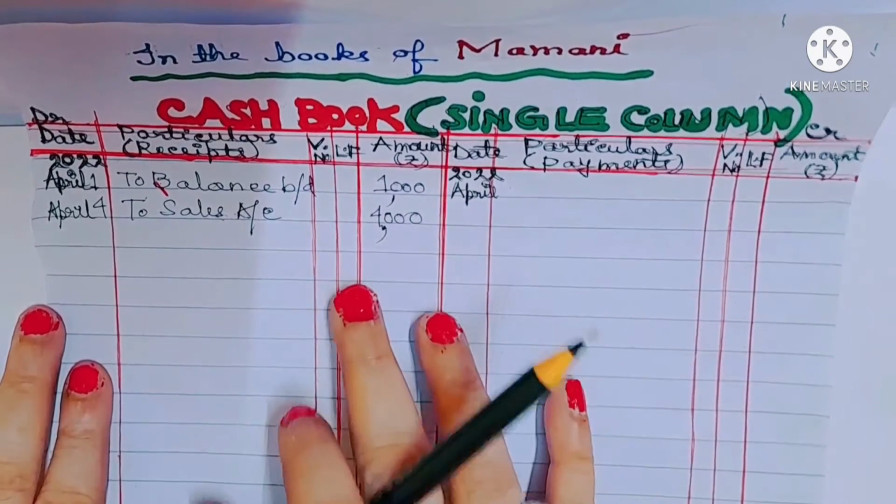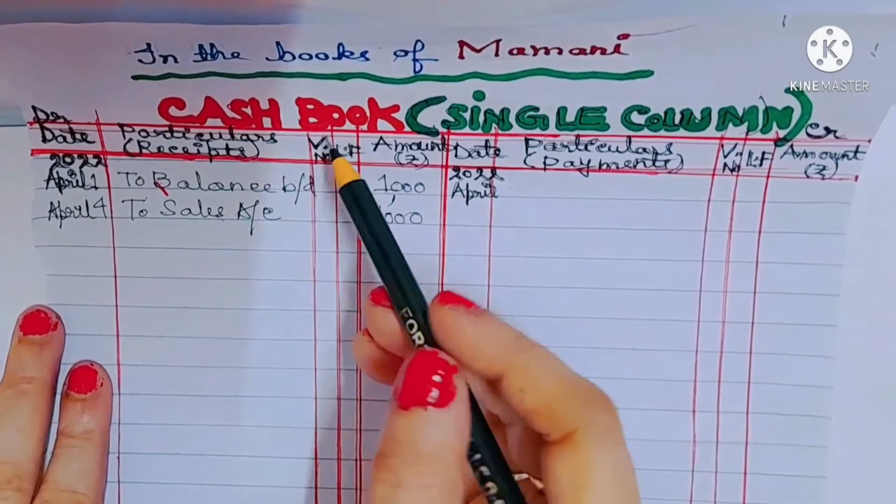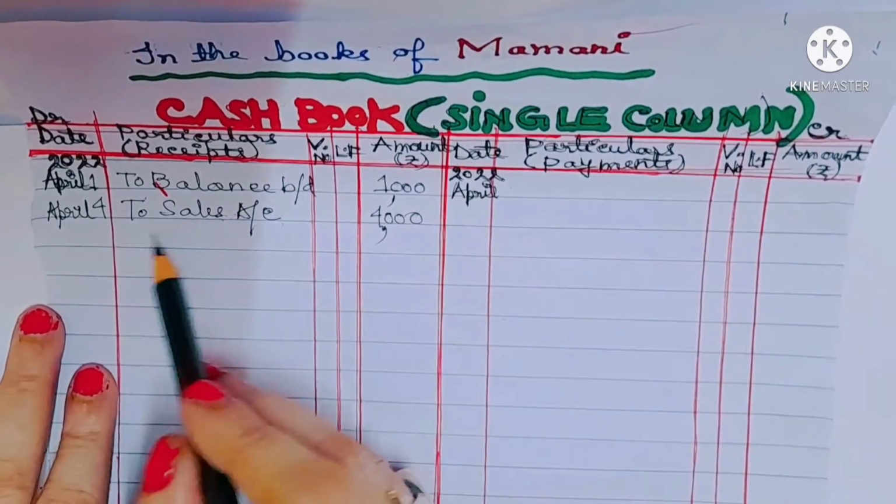So the journal entry will be cash account debit to sales account. Why sales is on the debit side?